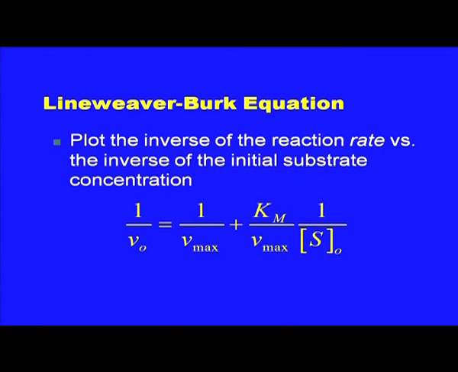Okay. So, the inverse of rate versus inverse of the initial substrate concentration will give you the slope Km by Vmax, and the intercept will give you 1 by Vmax. Okay.